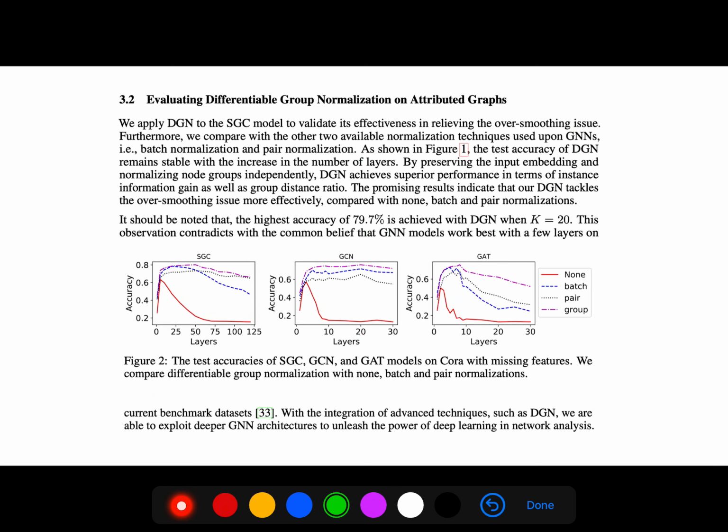So as the number of layers increases, you see the accuracy. But for graph attention, the accuracy is going down. So we may say that GCN is more robust to an increasing number of layers. You see the group version is almost similar to just the batch version.